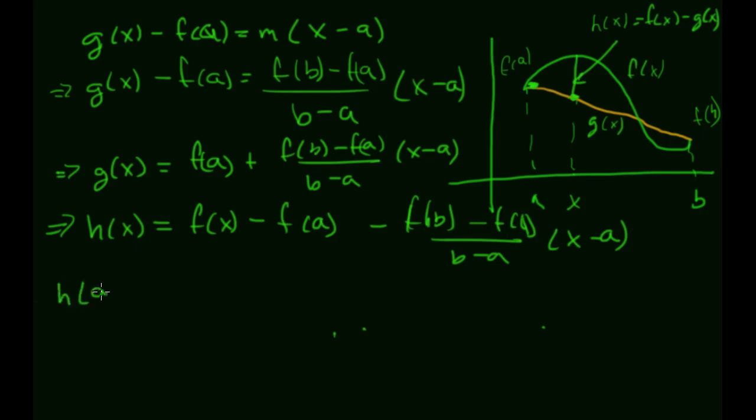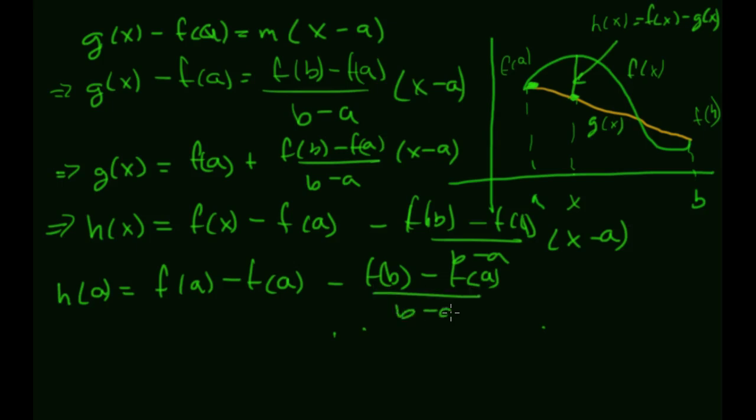We want to look at h of a, which is here, which we would expect to be 0. And if you substitute the a in, it's going to be 0, because you're going to get f of a minus f of a minus (f of b minus f of a) over (b minus a) times (a minus a).